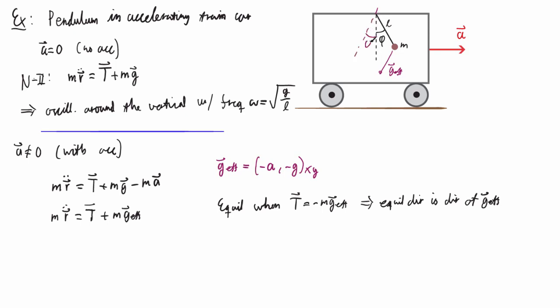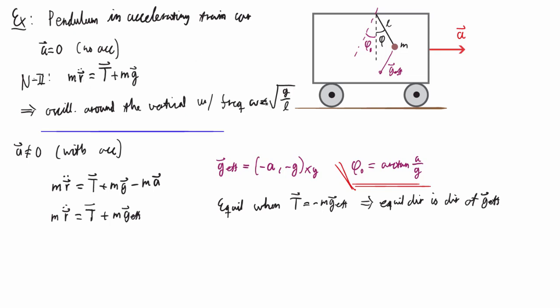So we're getting a phi naught here, and we can say that this phi naught is arctangent of a over g. That's a result that we found before, but now we can find that just by looking at the physics of what's going on here. So that's part of the solution. The other thing that we can see is that if this is the equation of motion, it looks just like this one.